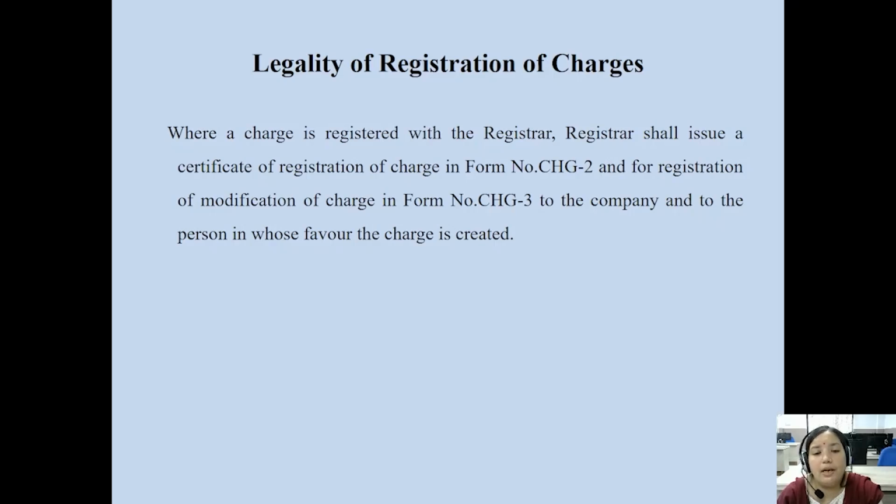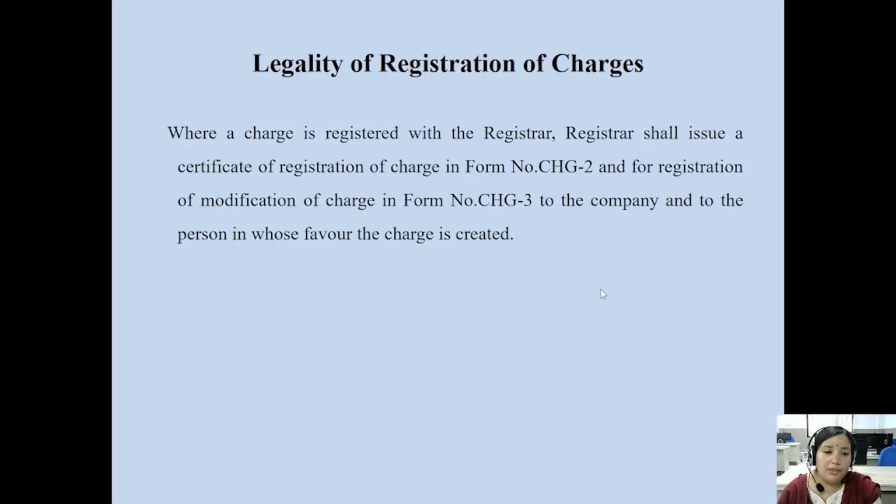That ensures the legality of your registration of charges, because you enter into a contract for borrowing money, loans and advances from that particular institution, and for the purpose of repayment of the amount, a charge has been created over the asset, so that if the company is not able to pay the amount on time after due reminders, then the bank can utilize the assets of the company for the purpose of repayment of their dues.